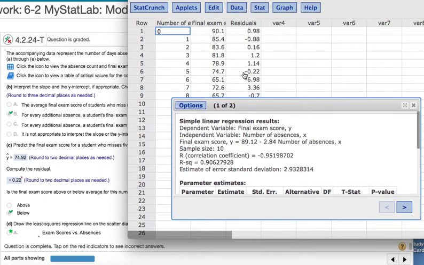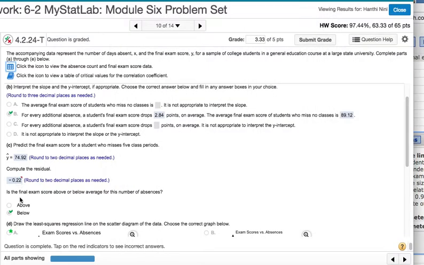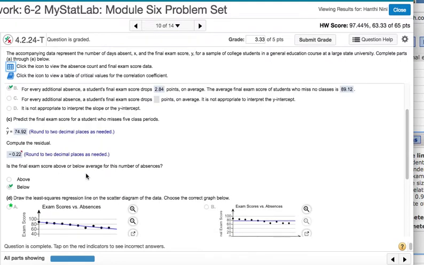Now, another way that we can compute that would be to look at the original score for the student who was absent 5 times, which is 74.7, and we'd see our prediction is 74.92, so this is below by negative 0.22. This next question asks, is the final exam score above or below for this number of absences?